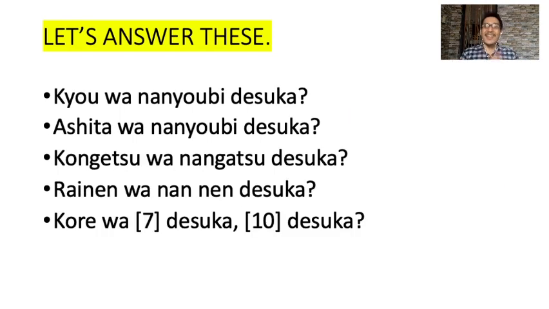Okay, so now let's read the questions. 今日は何曜日ですか? 明日は何曜日ですか? 今月は何月ですか? 来年は何年ですか? これは7ですか? 10ですか? Okay, so I'd like you to answer the questions on your own. I'll ask you the question and then talk to yourself, say the correct answer.